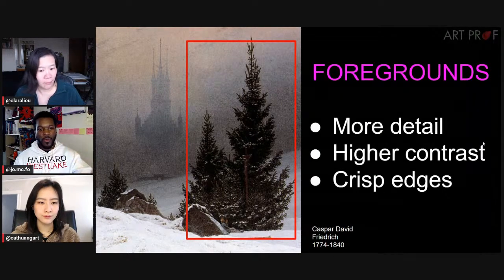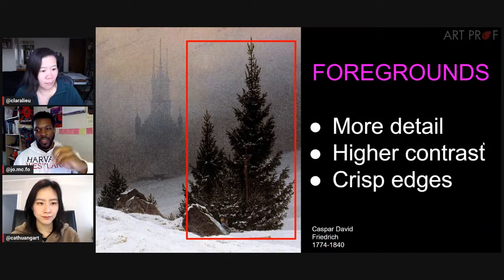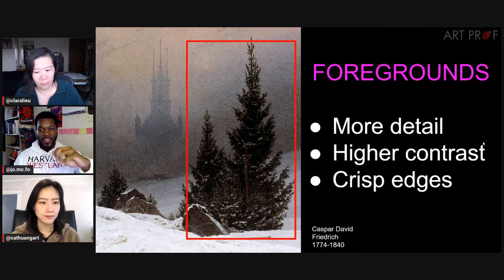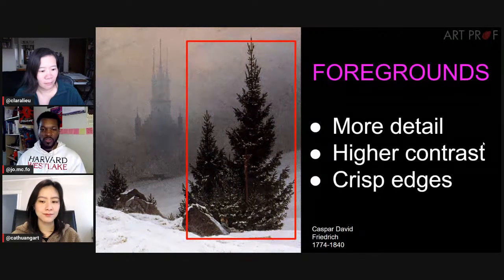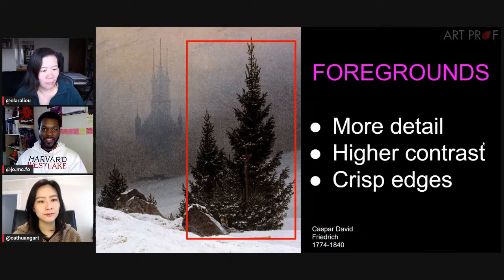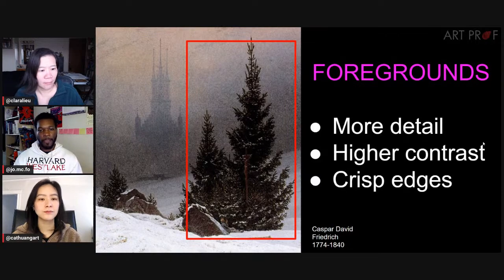When you have something far away, it's usually covered up by pollution or gases, or just the atmosphere in general. And then you'll also see very crisp edges because, again, it's closer to you. So anything that is super nearby, you always want to just pump up the colors, the sharpness, details, all that stuff. And then the things that are further away, you can minimize that.